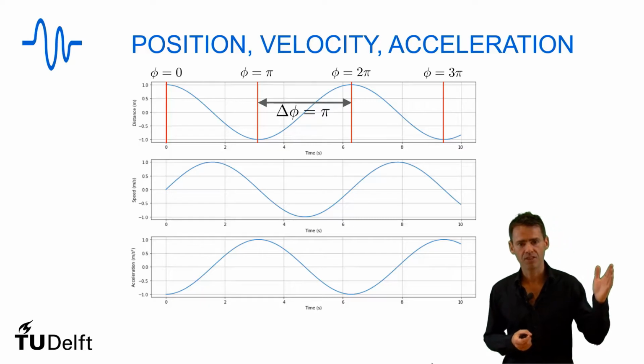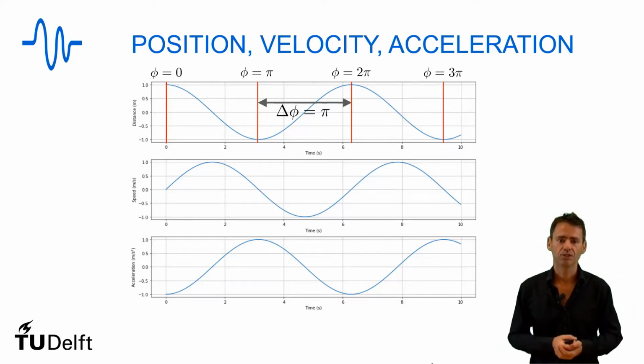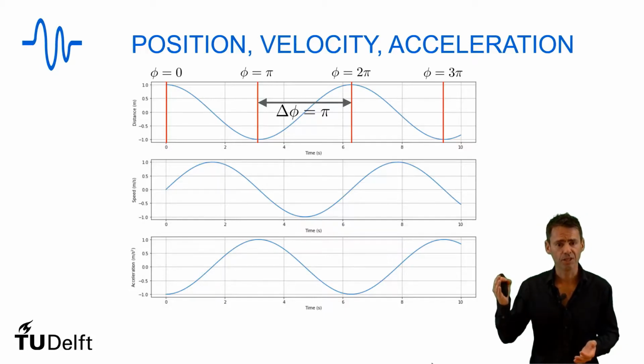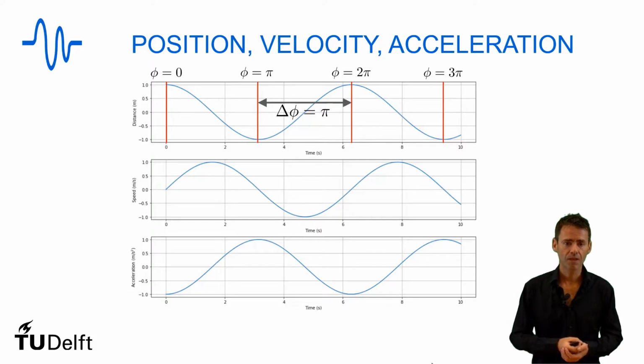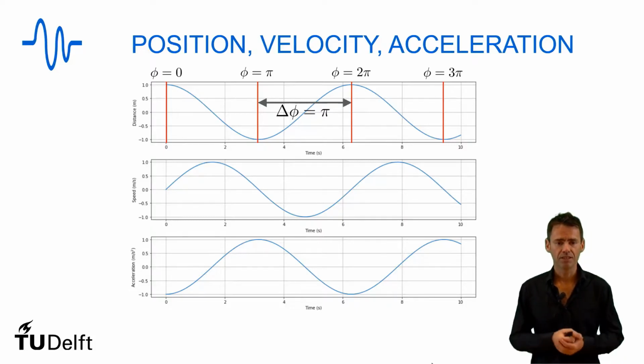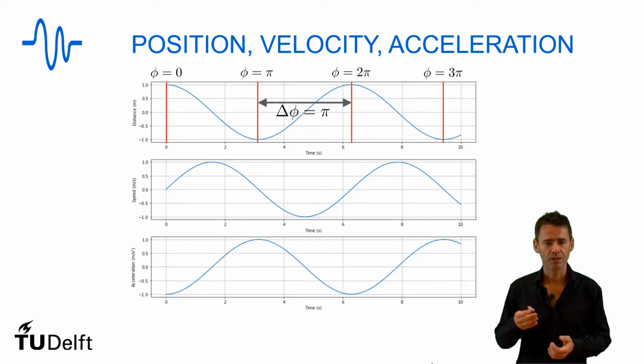So at time t equals 0, we have a phase equal to 0 radians. And after one oscillation time, the phase has increased to 2 pi radians. But for any point in time, we can determine the phase itself. So for example, at a half period, we have a phase of pi radians, and at 1.5 oscillations, we have a phase of 3 pi radians.